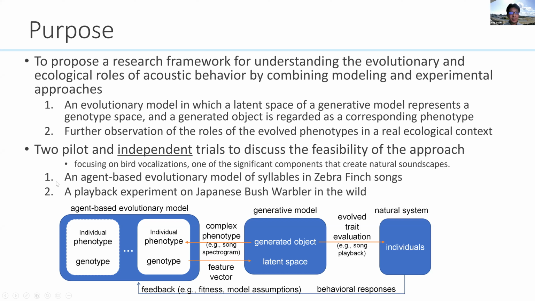The first one is the agent-based evolutionary model of syllables in zebra finch songs. And the second one is a playback experiment on Japanese bush warbler in the wild. Let me note that these two trials are independent in the sense that we focus on different species. So combining the two approaches is our future work.